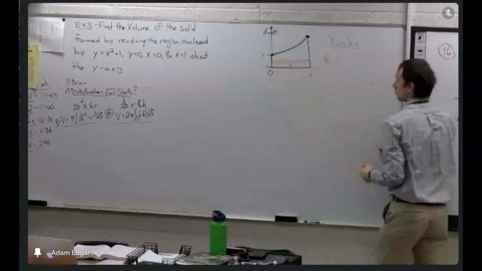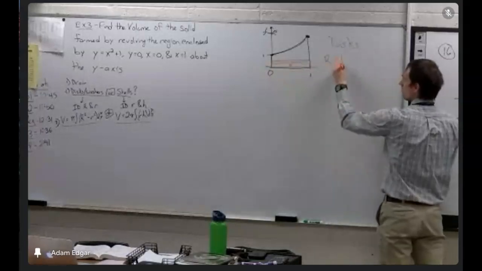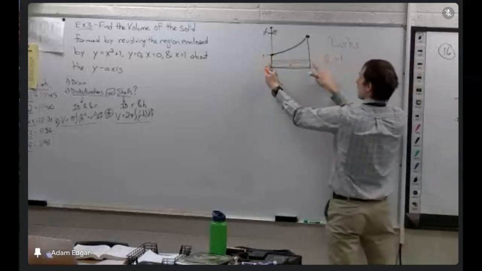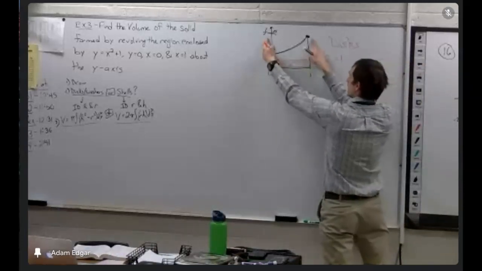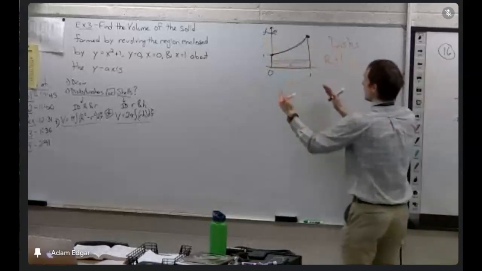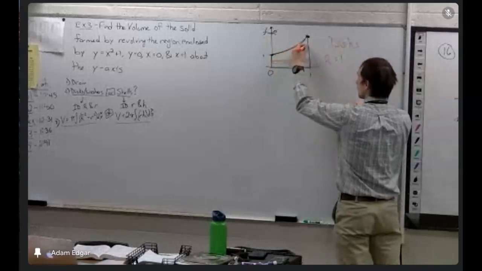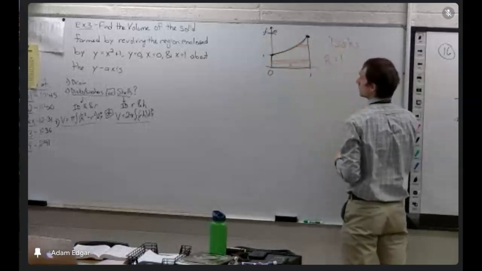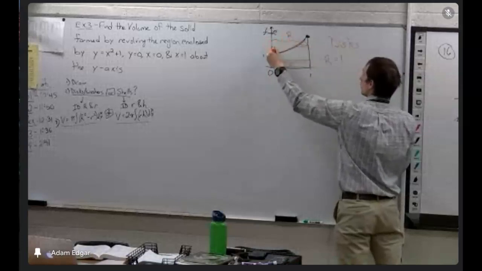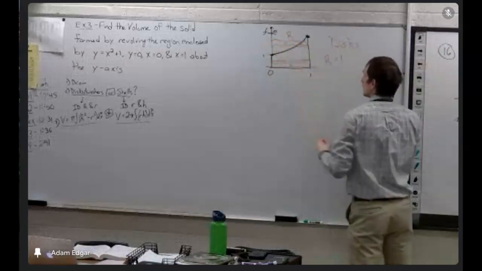What's big R? 1. And it's all the way up, right? As you take this rectangle and imagine it sliding all the way up the enclosed space, it's always 1. Now, as you get up here, what's going to happen? It changes. Does big R change? No. But now we have little r.